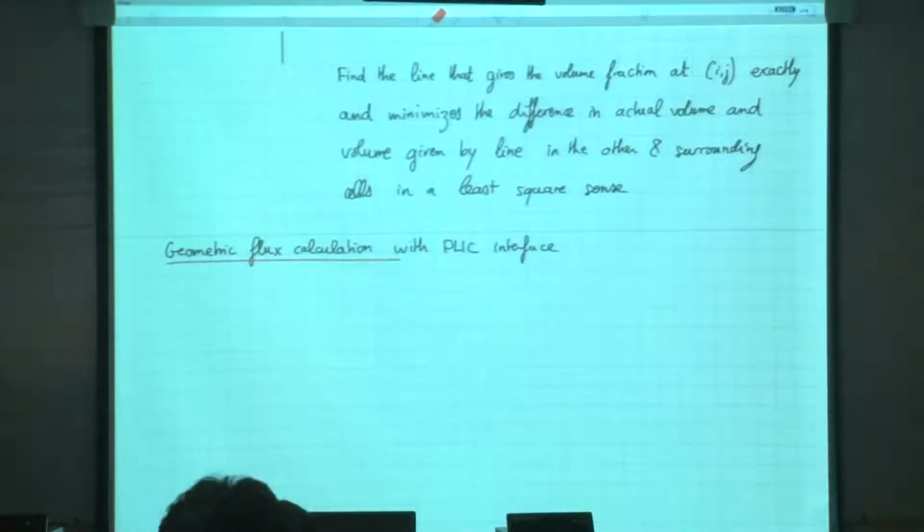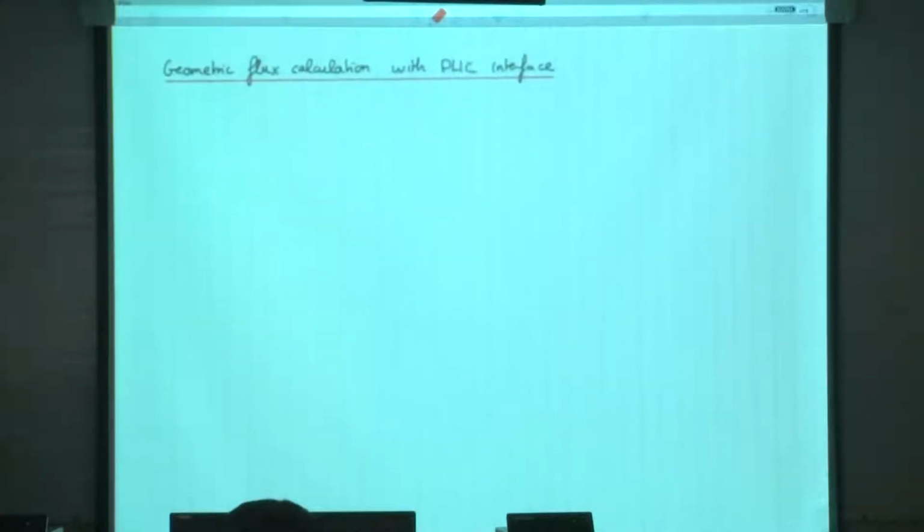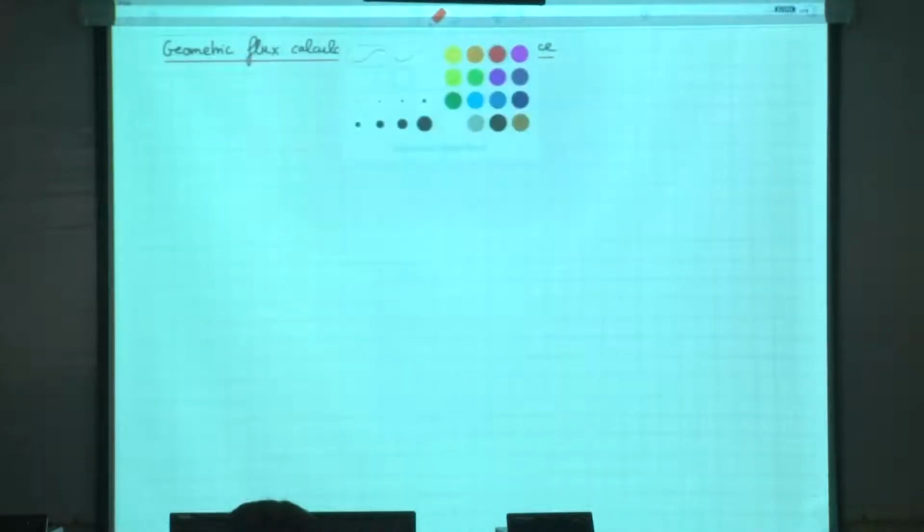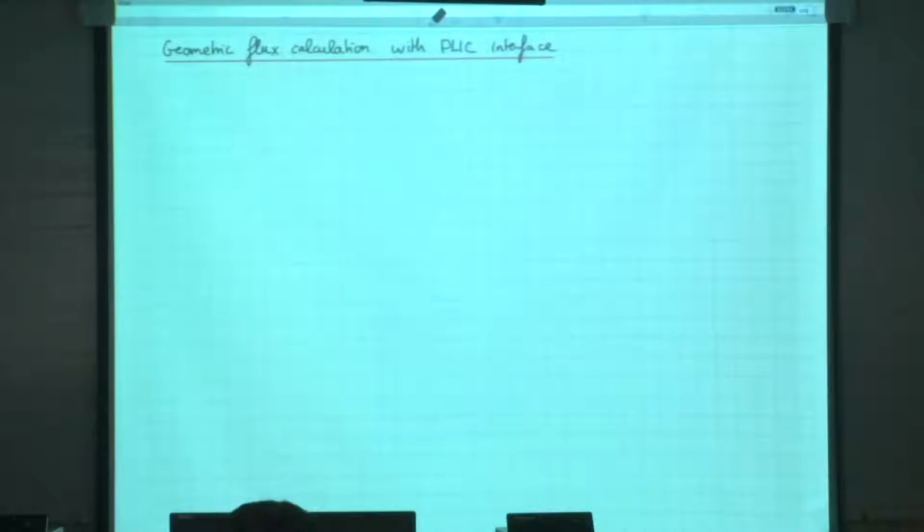So we'll talk about geometric flux calculation with the Plick interface. So if I know where the interface is, how do I know what is the amount of volume? Okay, so I need to make one sketch in order to specifically look at one cell face.